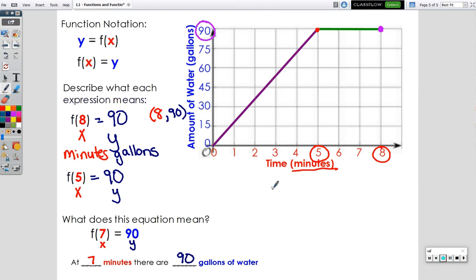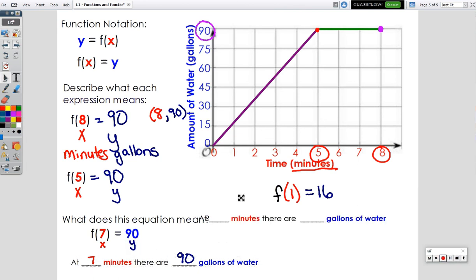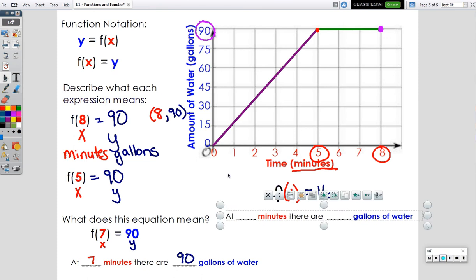Okay? If I had a statement that looked like this, okay, f of, let's say 1 equals 60. I'm sorry, not 60, 16. Okay? And I said to you, what does that mean? What I would want you to do is think of it in terms of this kind of format here.